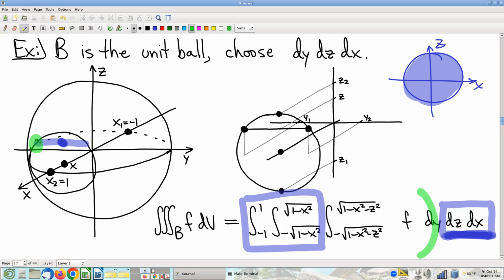Well, Y starts at that point, Y ends at that point. And the good news here is both of these points are on the sphere. And again, pretty clear to see they're both on the sphere, right? So solve for Y on the sphere, and you get plus or minus of those things.